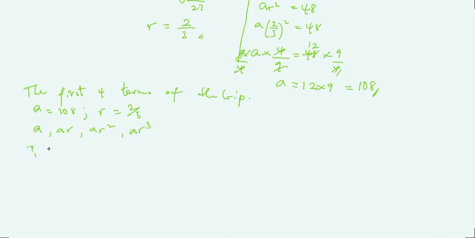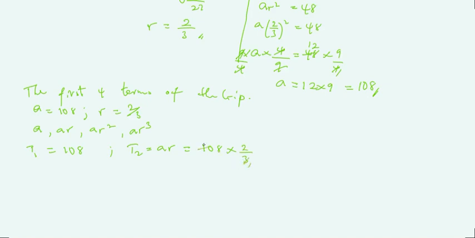So T1 is equal to our a, 108. The second term, T2, equals ar. So our a is 108 times our r is 2 over 3.